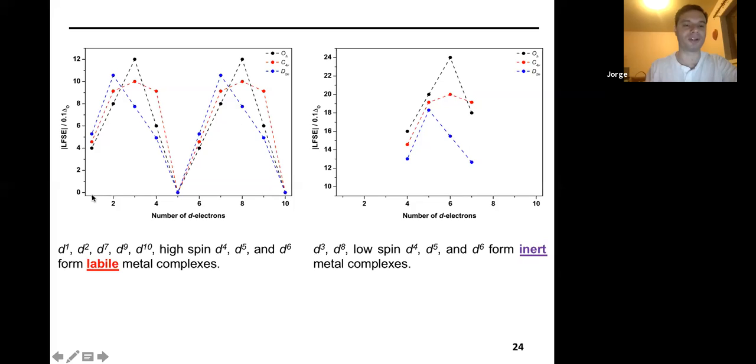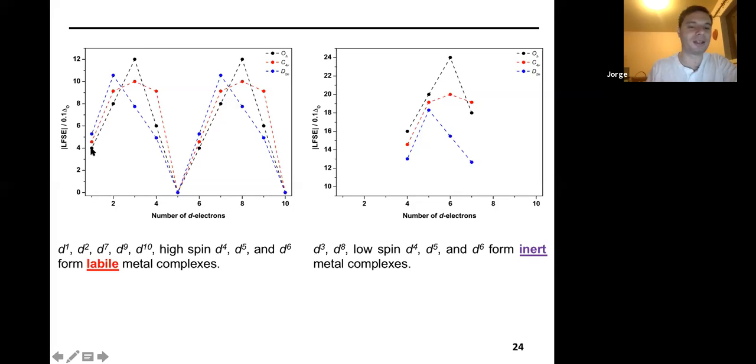So the first one is, of course, 1, 2, 3, 4, all the way to 10. The black dot is the energy of the octahedral configuration, and the red and blue dots are the energy of the C4V and D5H configurations respectively.